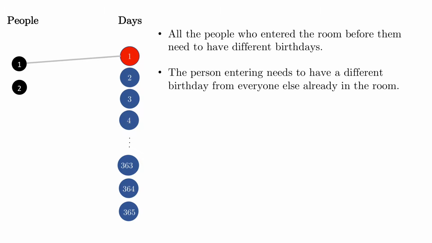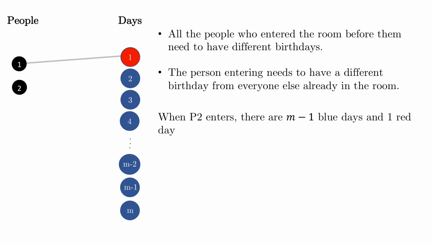We're going to use the same principle we used in the previous video. In order for everyone in the room to have a different birthday, all the people who entered the room before them need to have different birthdays, and the person entering needs to have a different birthday from everyone else already in the room. When person 2 enters, there are m-1 blue days and 1 red day.